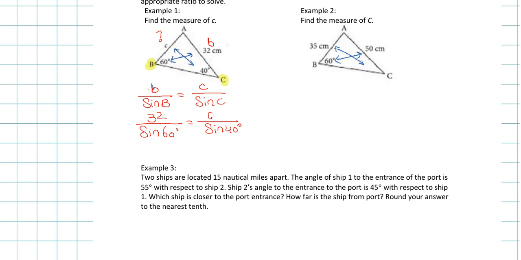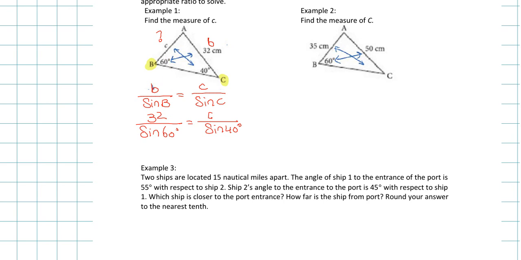Okay? So, here's the thing. I want to know what C is. How can I isolate for C? You have to take sine 40 to the other side. And what does it become? Multiply. Another way that I like to visualize it is by half cross multiply. Usually we do cross multiply, but in this case we're only going to half cross multiply.